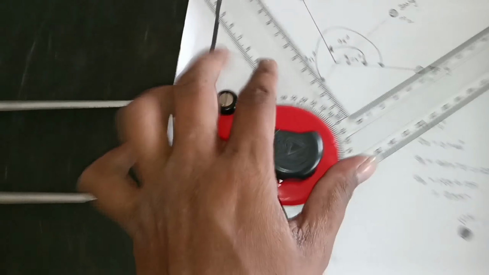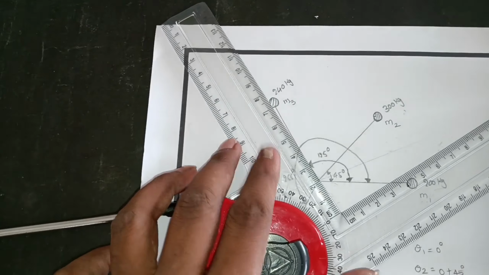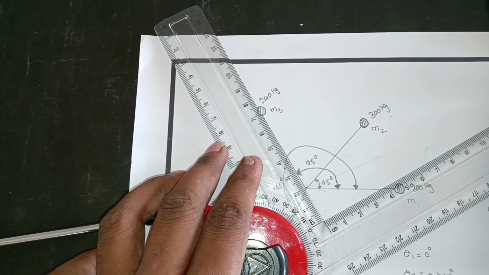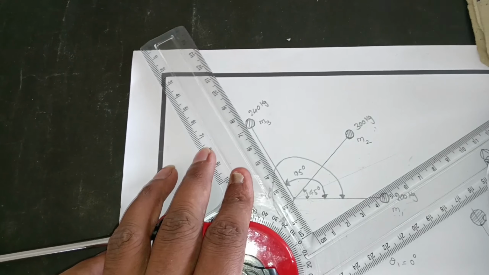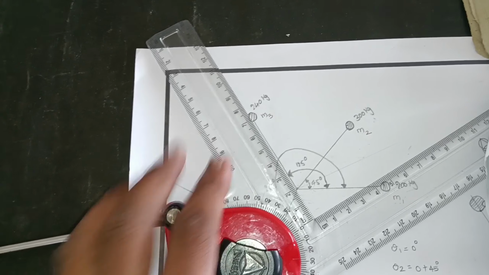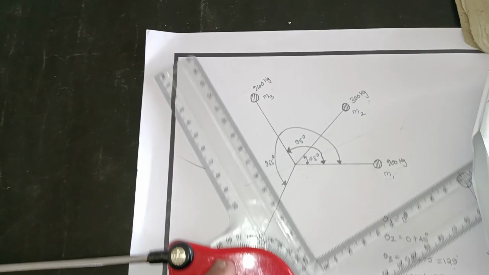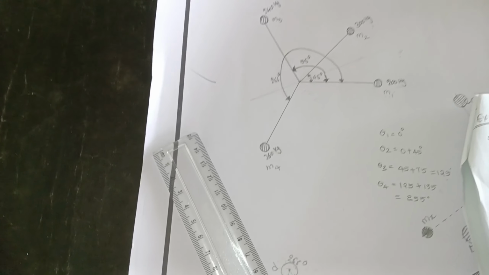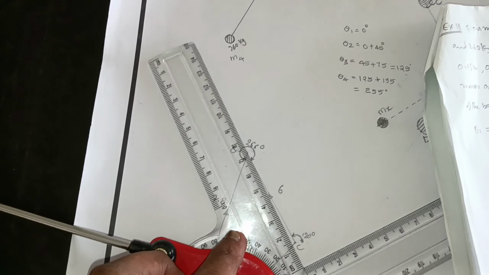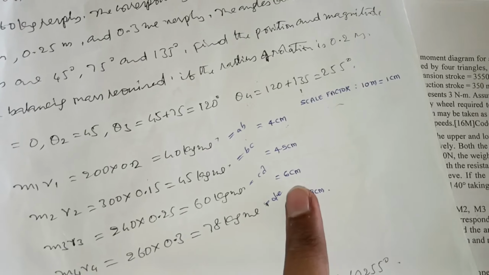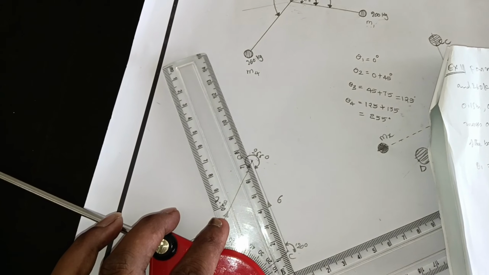What is the next angle? This one. You have to fix the drafter for this angle and draw parallel to that line. Measure here. It should be parallel to that line. What is the length here? That is 6 centimeters, so you have to take 6 centimeters.